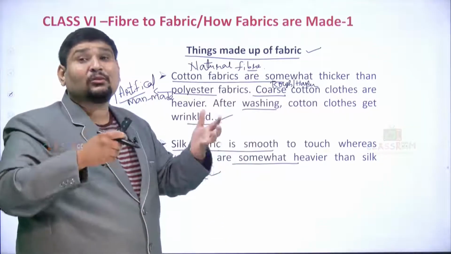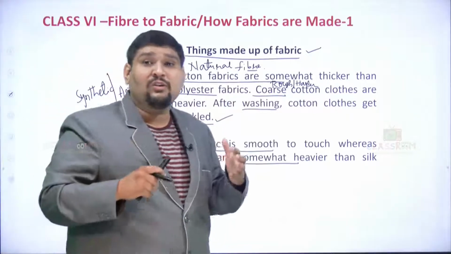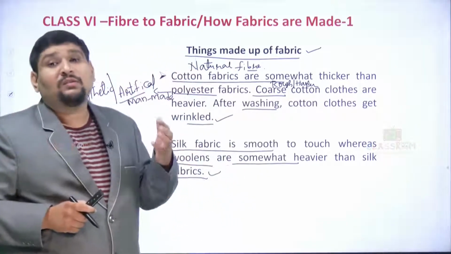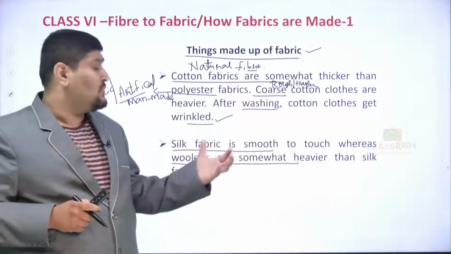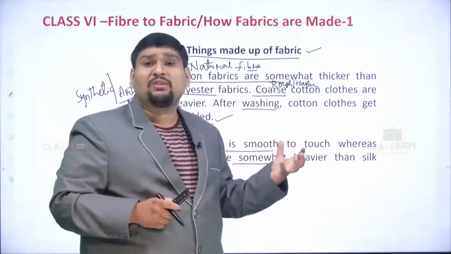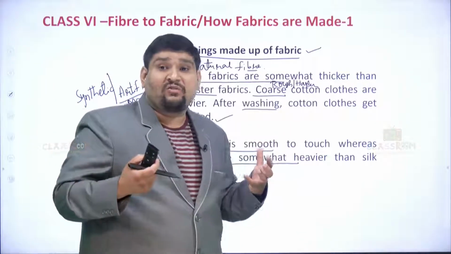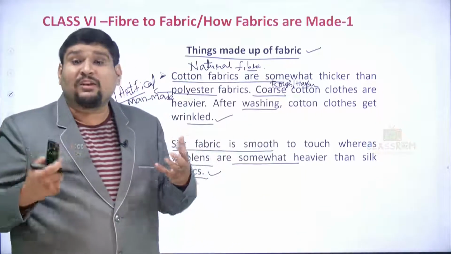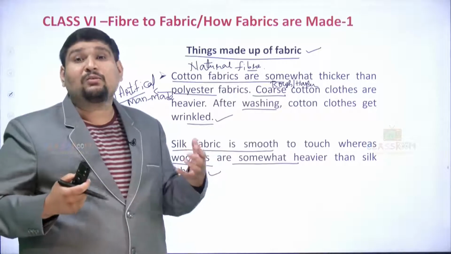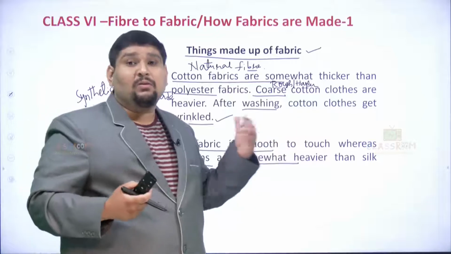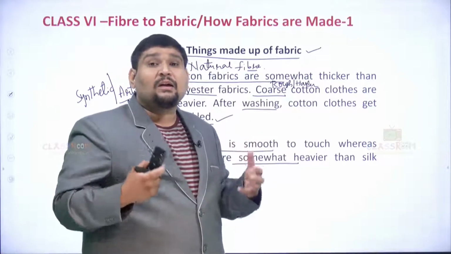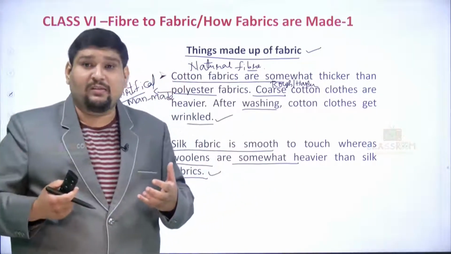Cotton clothes are found to be lighter, whereas silk clothes are also lighter and smooth to touch, and they give a lot of attraction. The appearance looks very shiny. That's the reason silk clothes are preferred, and they are costlier than cotton and woolen. Silk clothes give us a shiny appearance.